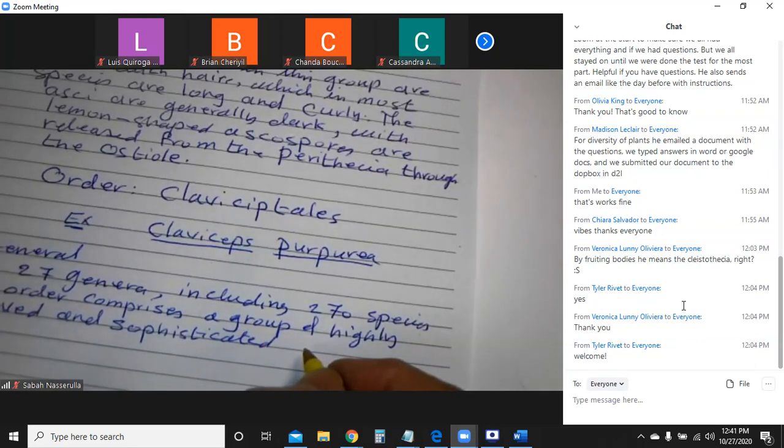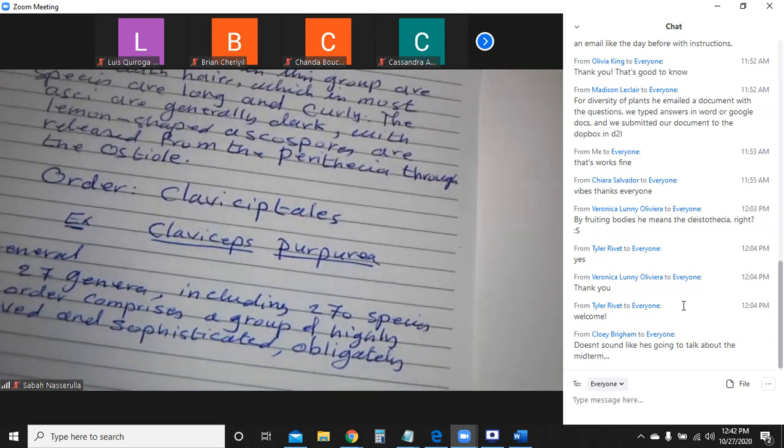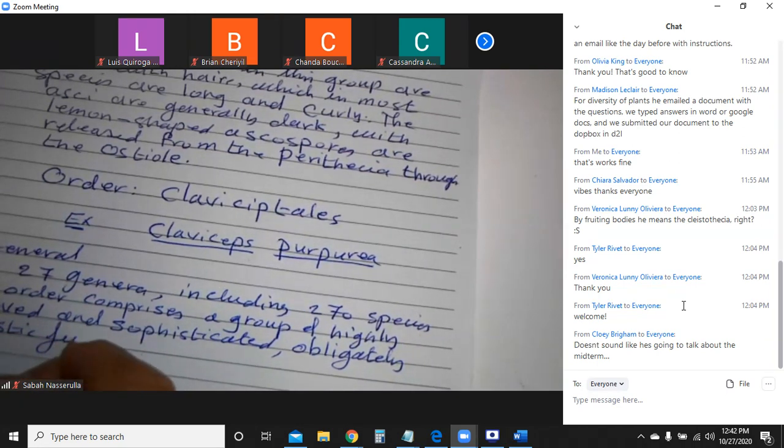Of course, they are obligately parasitic fungi.